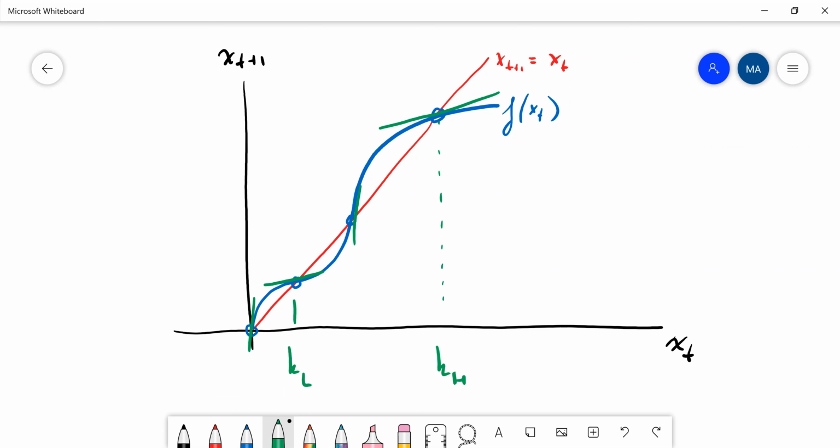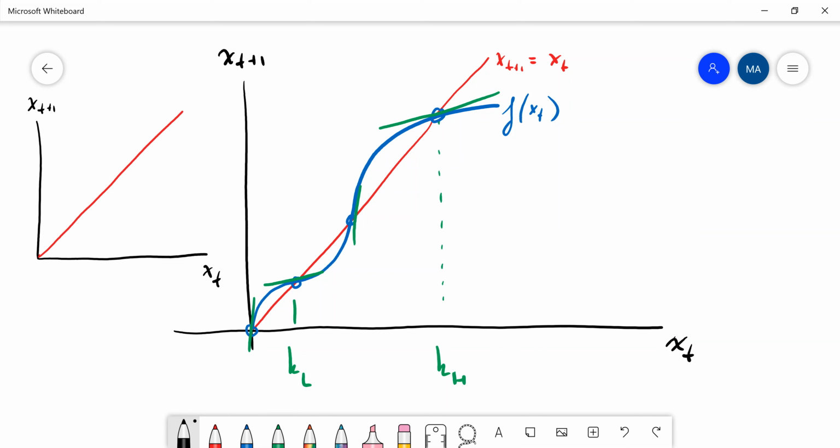Then you can extend your model a little bit. You can tell me that there is this possibility of a poverty trap because of these non-convexities in the production process. But then you can also tell me F could also depend on, let's say, policy, policy at time t.